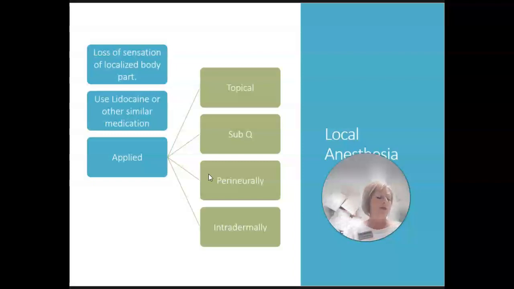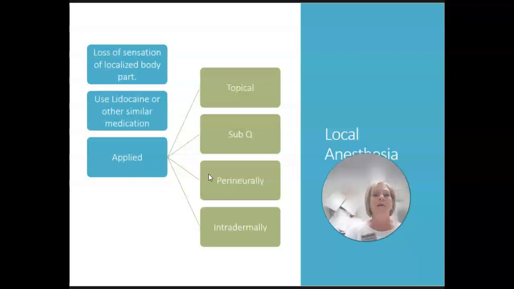So that might be, I'm going to remove something on my hand and I'm going to inject a local area. We usually use lidocaine or something similar, and we can apply it topically, give it sub-Q, which is subcutaneous, give it paraneurally, which is around the nerve, or give it intradermally. So we can give this everywhere.